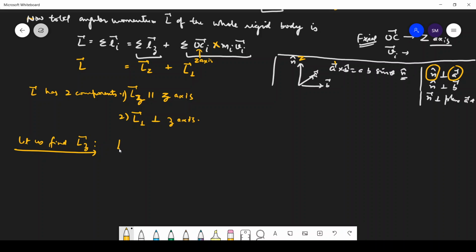So LZ, you know how we can write it down. Sigma, it's better if I write here LiZ. Sigma LiZ, this is what LZ is, and that's equal to, now what's the value of Li? So Li will be equal to sigma Mi Ri.